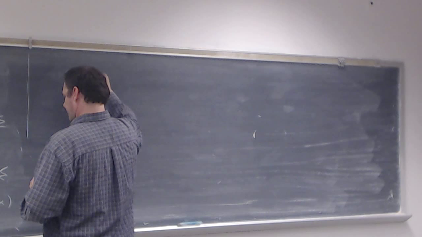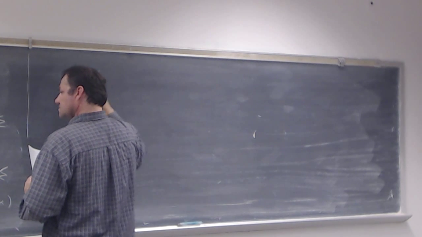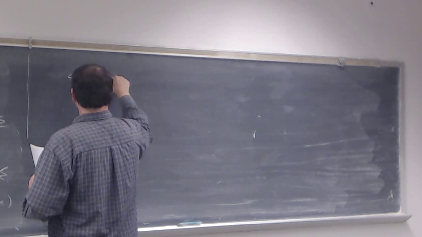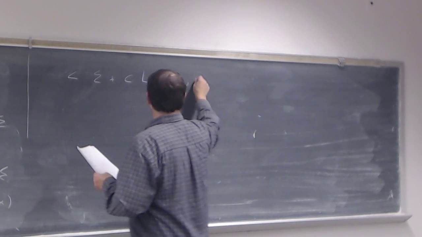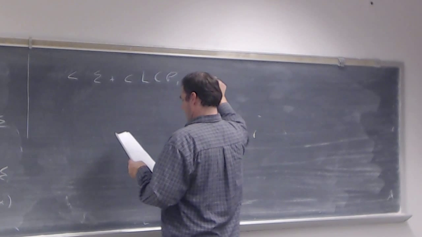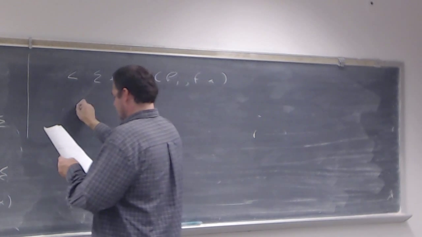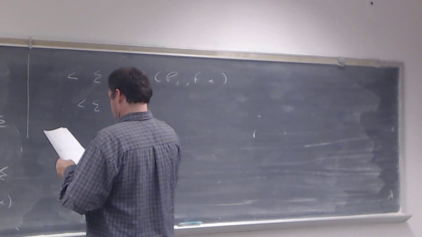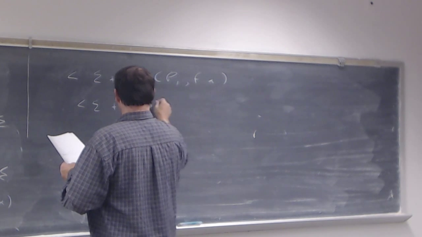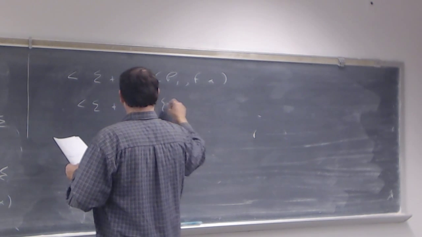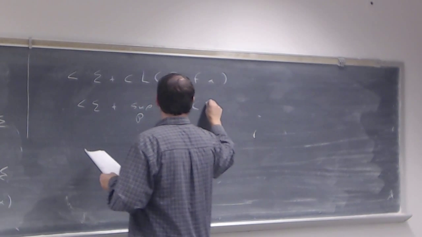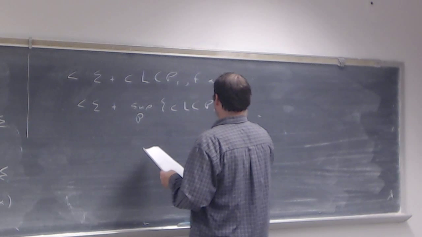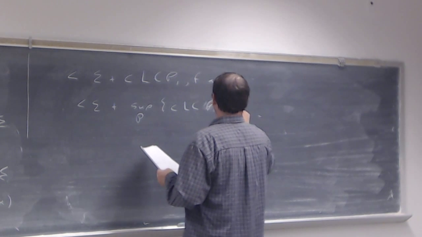Which is less than epsilon plus C times the lower sum with P sub 1, F, and alpha, which is less than or equal to epsilon plus the sup over all P's of C times the lower sums P, F, alpha.